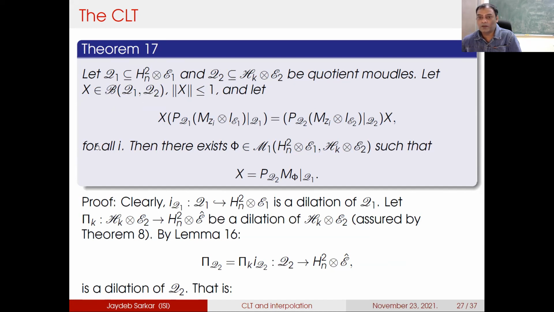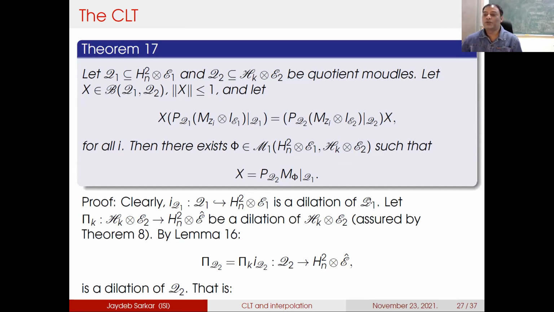That's here. It's true for all i. So these are all assumptions. If that is the case, then there exists a multiplier phi from H2N tensor E1 to HK tensor E2, such that your X is the compression of M phi on Q1, and compression in this sense, so restricted on Q1 and projected back on Q2. This is precisely the lifting of Sarason in the setting of the left space Drury-Arveson, and the right space as the regular space.